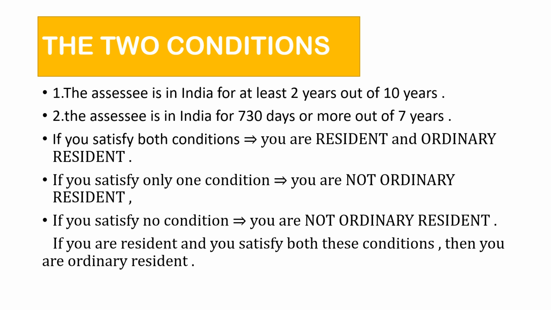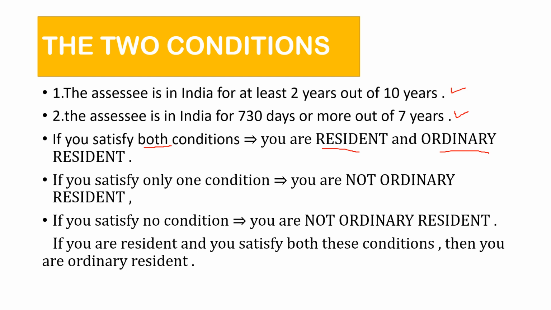Now, the first condition I told you, at least 2 years out of the last 10 years, he is in India. And the second condition states that in the previous 7 years, he is supposed to be in India for a minimum of 730 days. Please listen very carefully. If you satisfy both the conditions, then you are resident and ordinary resident.